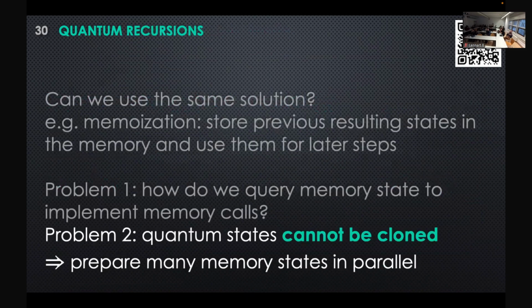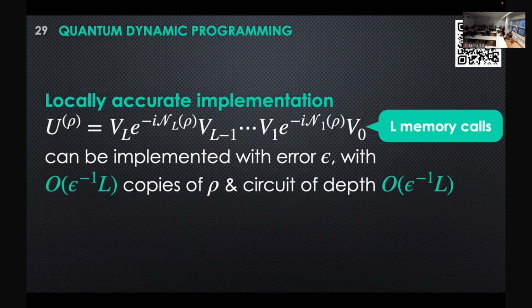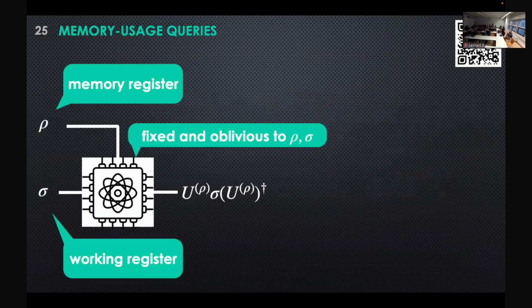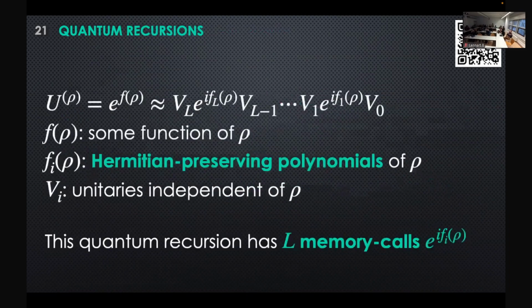Right. The maps N1 to NL, how are you defining them? Sorry, which one? N1 to NL. I changed the notation a bit, but these are actually the F's here.